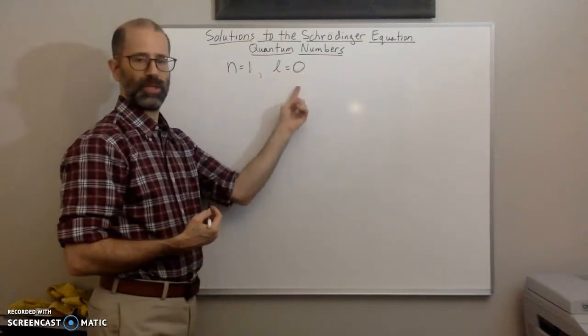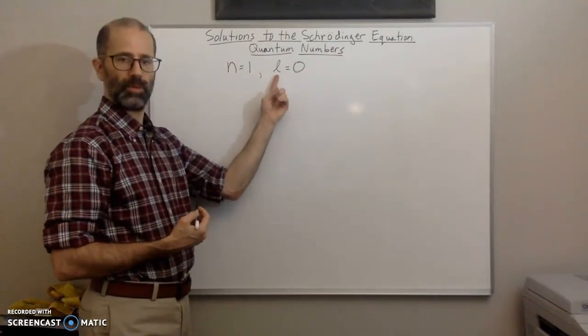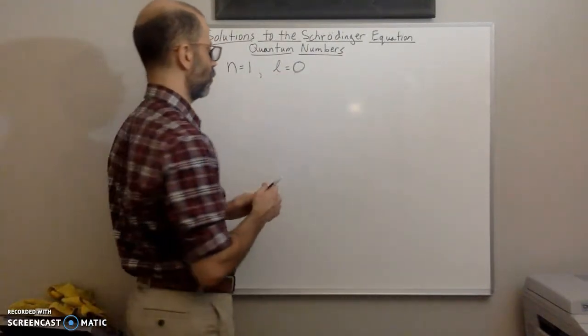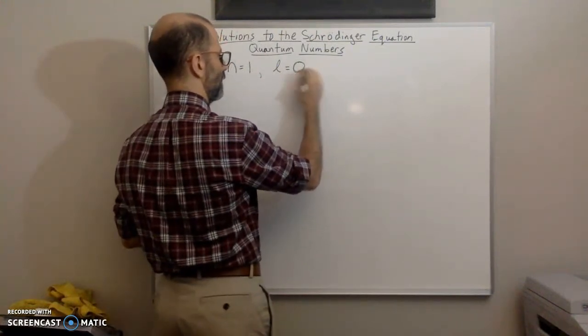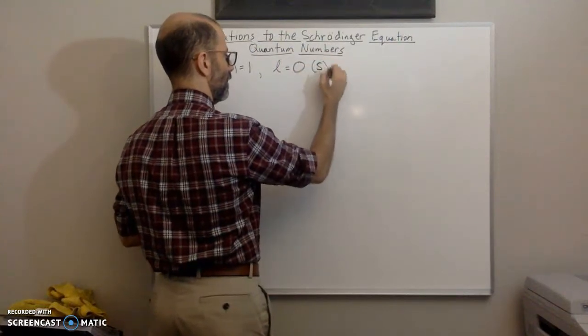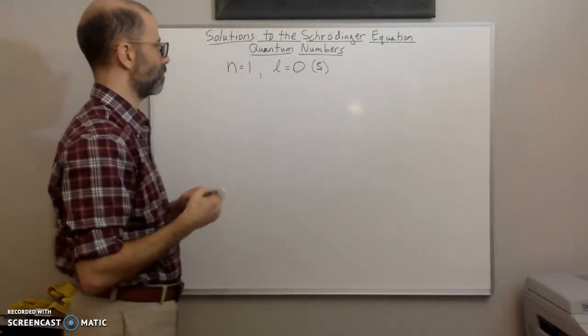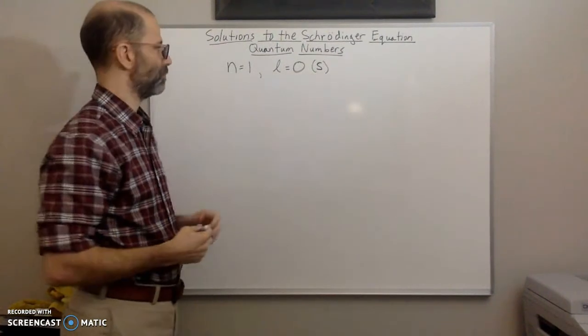And we give a special letter to this number 0 for the quantum number L. For 0, that is given the letter S. So this is where we get what is called the S orbital.